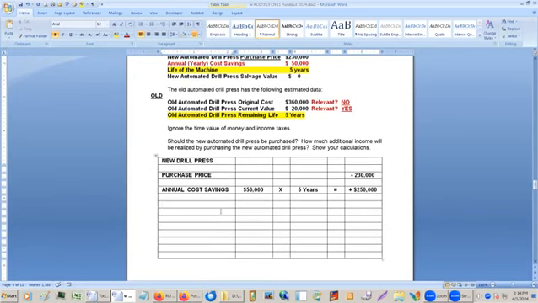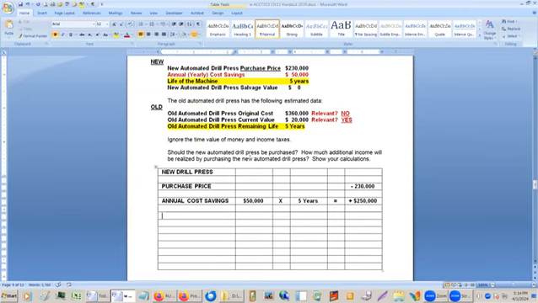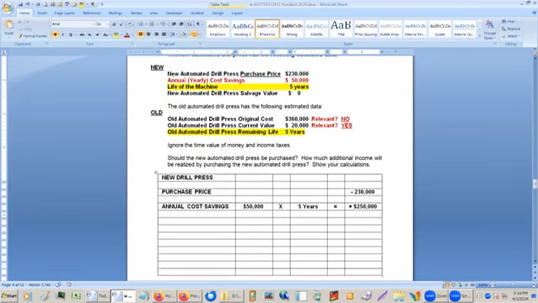Okay, if we buy the new machine, there's one more thing we could do, and what is it? So if we're buying the new machine, okay. Yes. Good. So we could sell the old one, right? So this sell the old drill press.